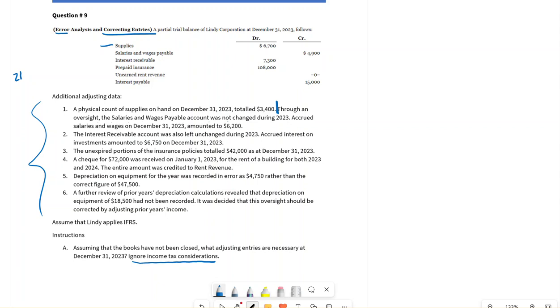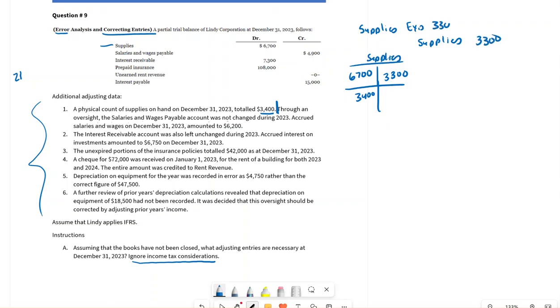The balance we have is 3,400. We need to do an adjusting entry. Debit will be supplies expense and credit will be supplies. How much? If I do a T account, I have a balance of 6,700. I need 3,400. I will do an adjusting entry for 3,300, credited here in the supplies account, and 3,300 debited to the expense.